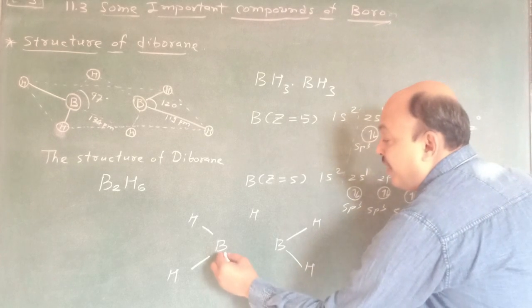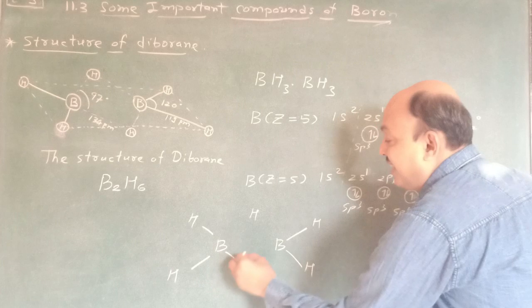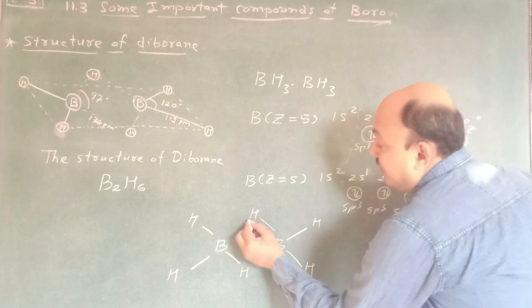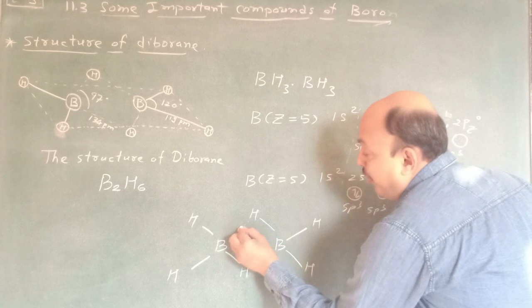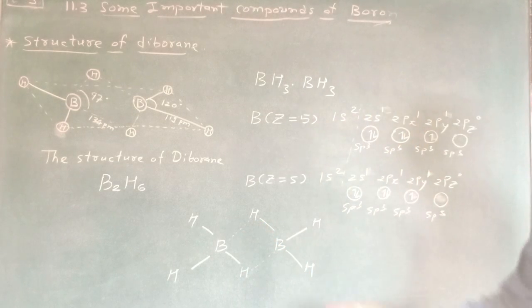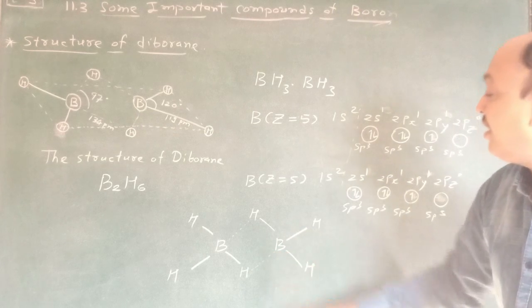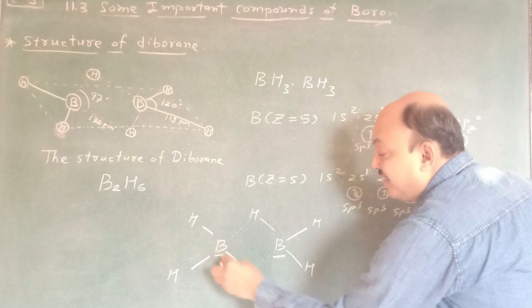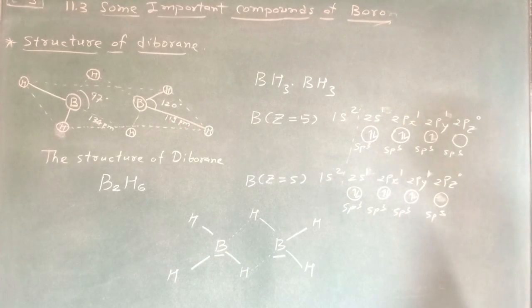According to this structure, BH3 is like this and BH3 like this. But here this hydrogen and boron, this sp3 hybrid and this sp3 hybrid, give this type of structure in which there are 2 centers and 3 electrons? Actually 2 center, 3 electron.